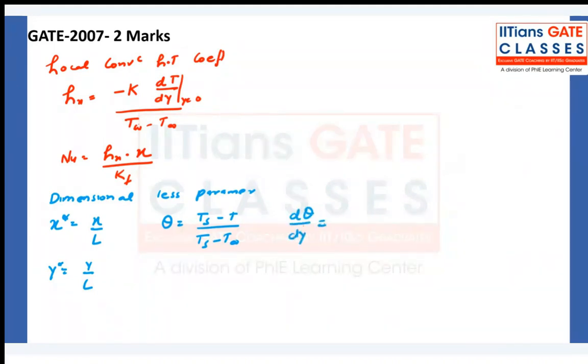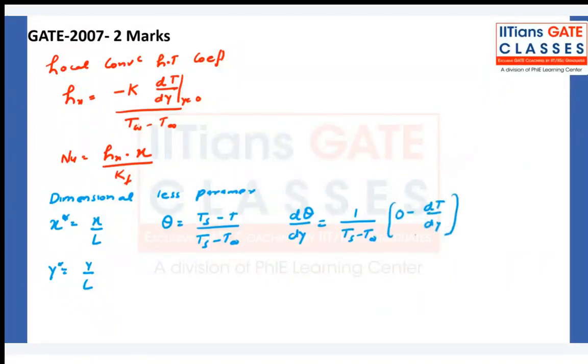d theta by dy will be equal to what? It is equal to 1 upon Ts minus T infinity, and 0 minus dT by dy, right?